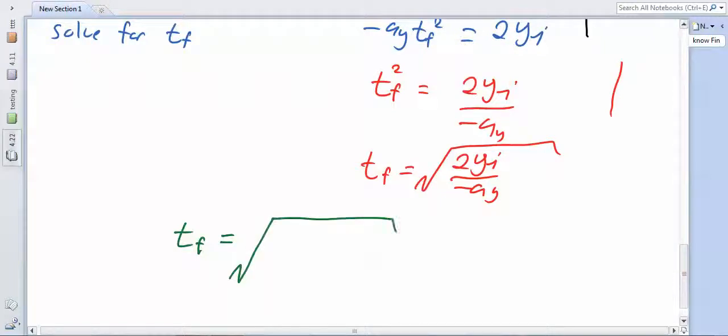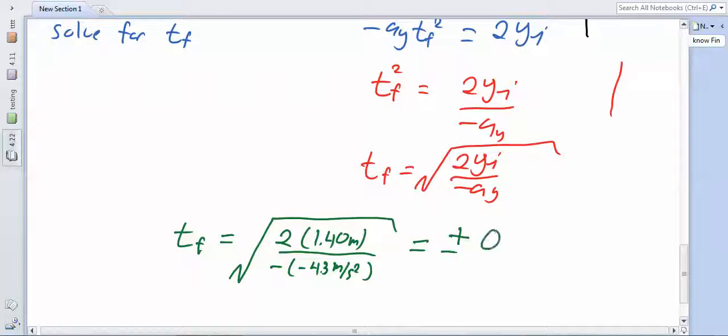So when we plug in the numbers, we get 2 times 1.4 meters divided by negative 4.3 meters per second squared, and the two negatives cancel each other out, and so if we get our calculator out, that ends up being plus or minus 0.81 seconds.